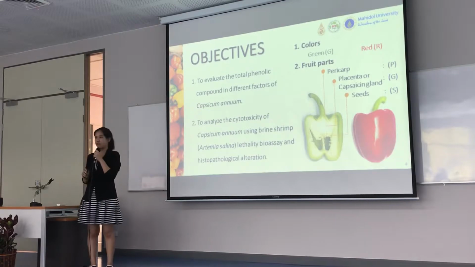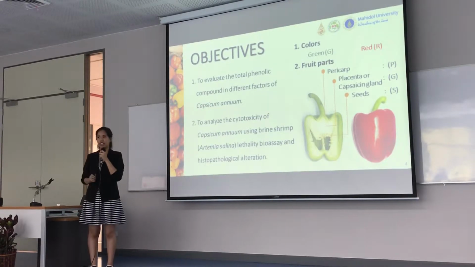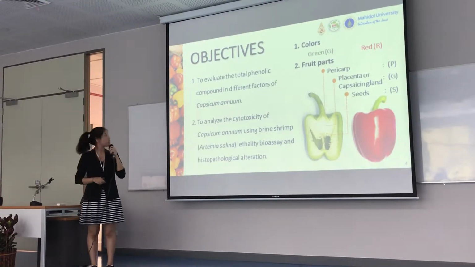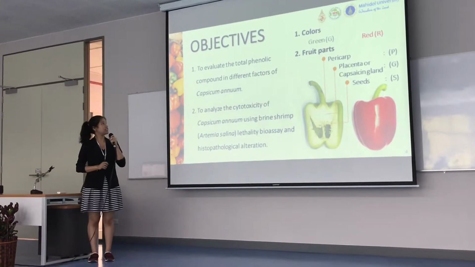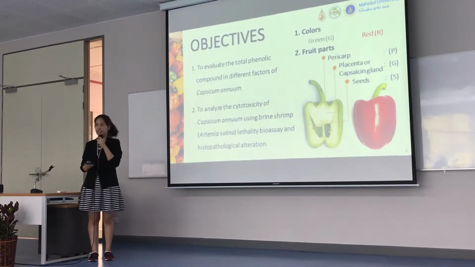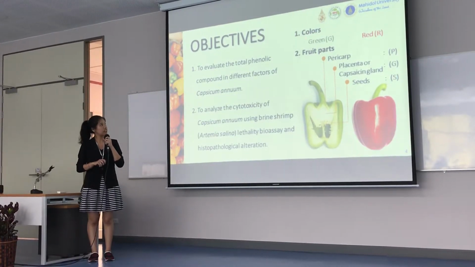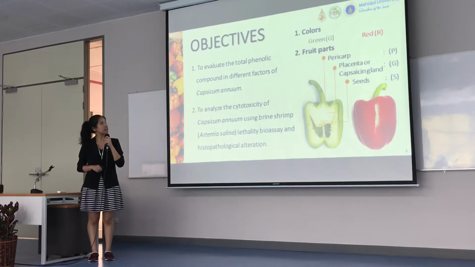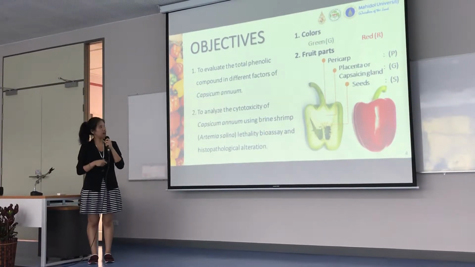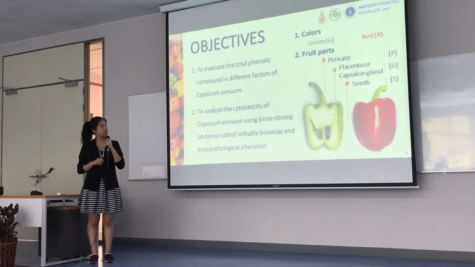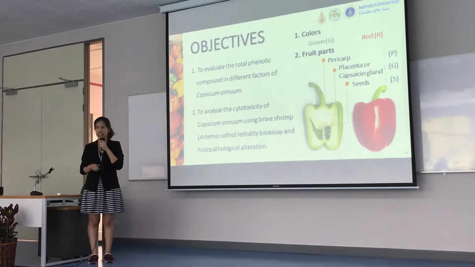This leads to the objectives of this experiment, which are divided into two main objectives. First is to evaluate the total phenolic compound in different factors of Capsicum annuum, including two factors: the color, red and green, and the fruit part, pericarp, placenta region, and seeds.